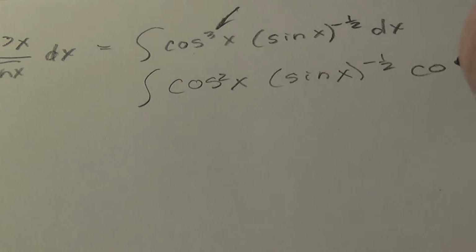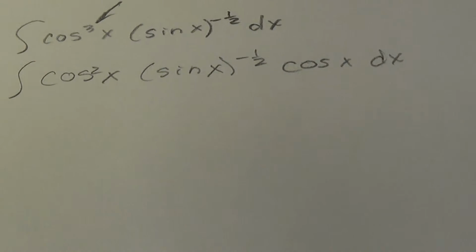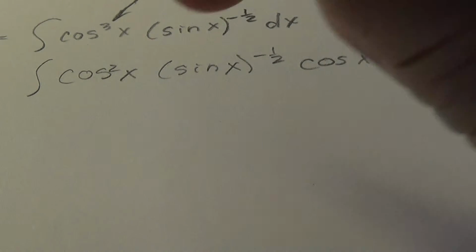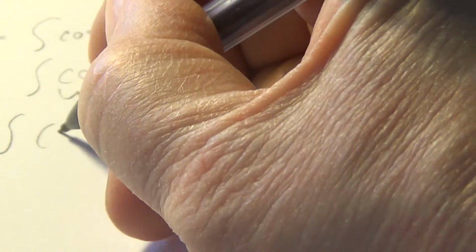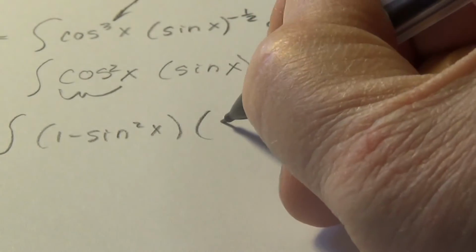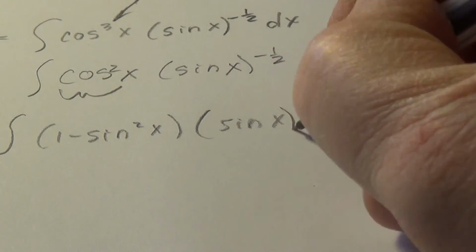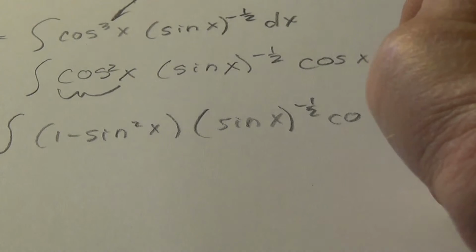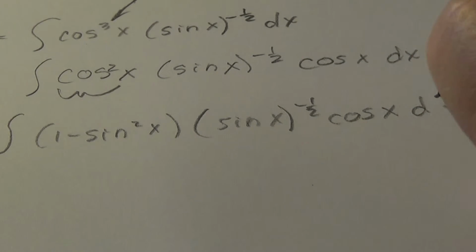And here's the cosine x that I saved out. So I'm going to replace cosine squared with 1 minus sine squared. And then I have sine x to the minus 1/2 cosine x dx.